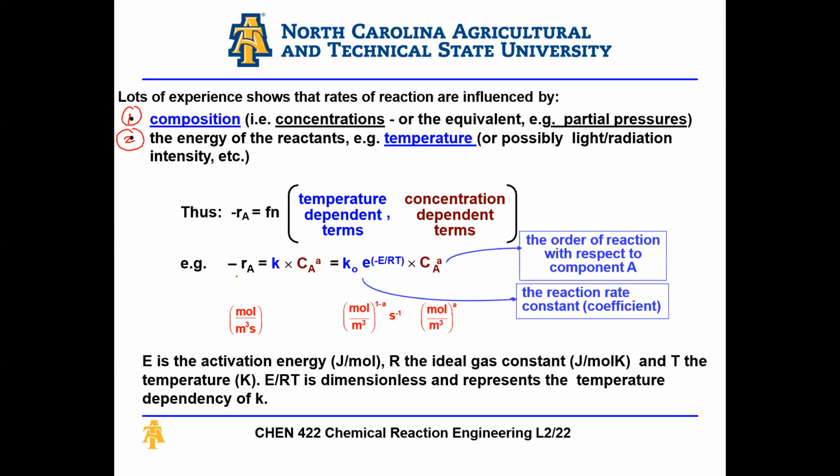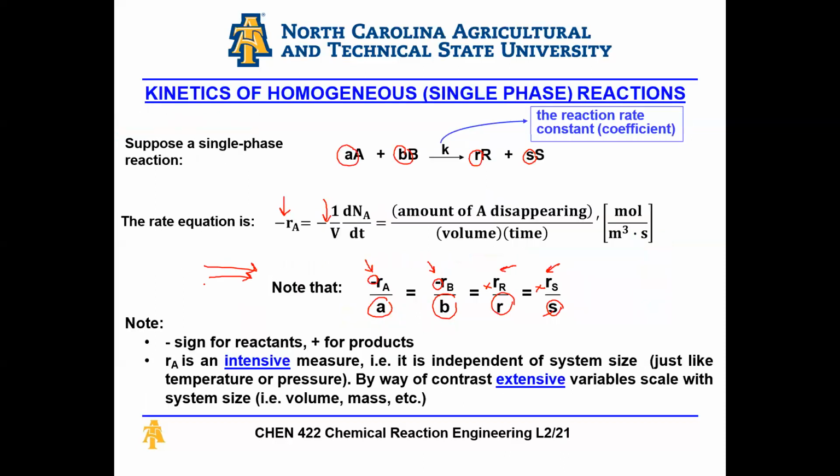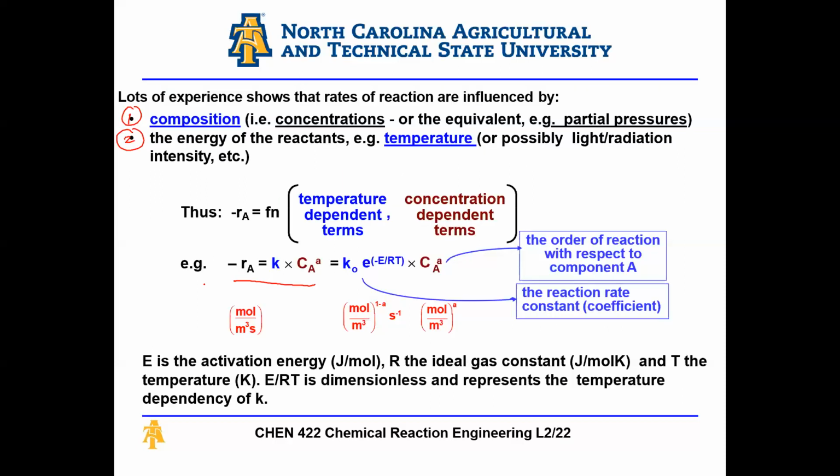And it's usually represented like this. If I'm looking at the reaction on the previous slide, minus RA is equal to k, my reaction rate constant, multiplied by the concentration of A to the power of a, the stoichiometric coefficient, right? If you remember, aA plus bB is equal to rR plus sS.